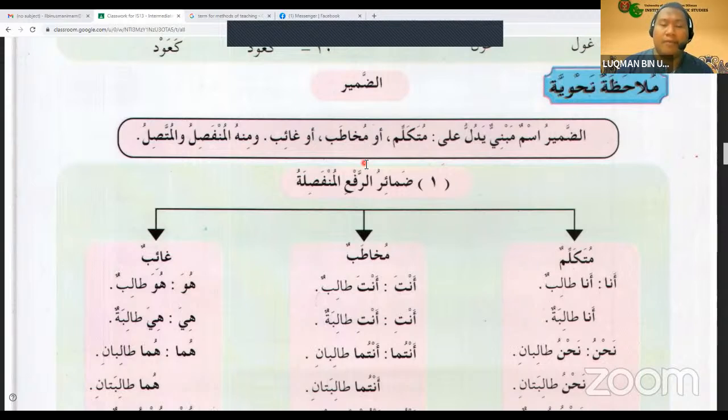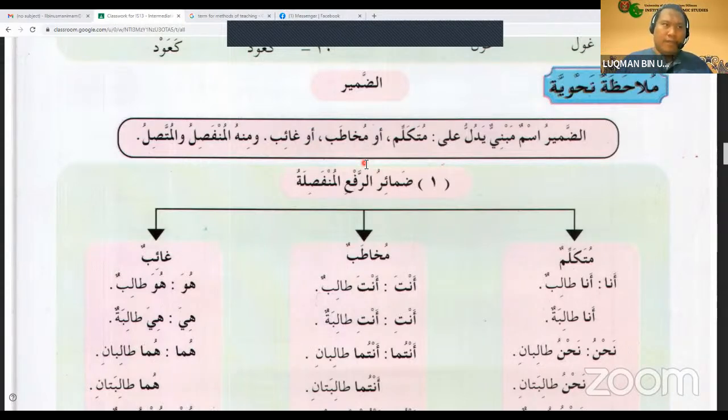And among its types are the munfasil and muttasil. Munfasil, siya yung, ano ba tawag dito, nakahiwalay. And muttasil ay nakadikit. No? So, ano bang English nun? Damir munfasil.